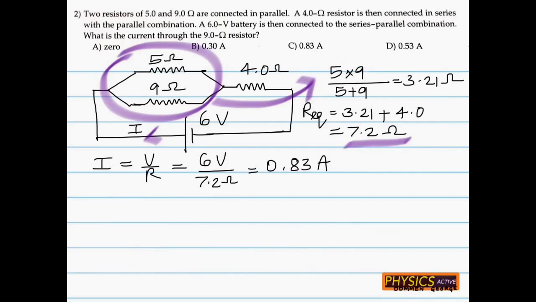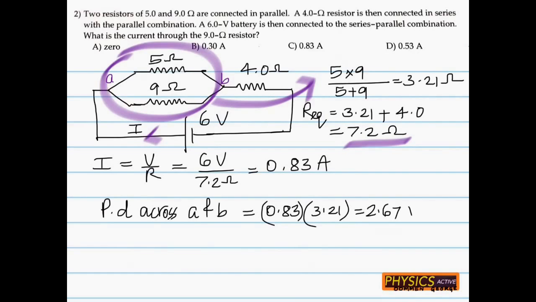Okay, and that current flowing through the parallel combination produces a voltage, which is the current multiplied by 3.2, because that's the parallel combination. So you get 2.67 volt, right?